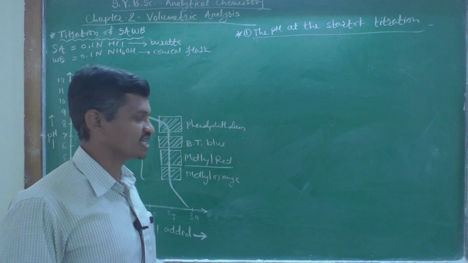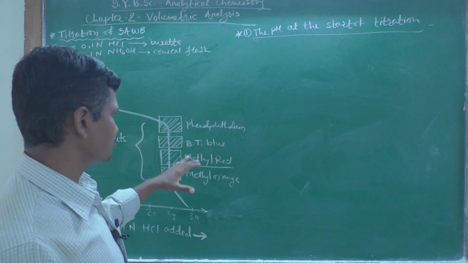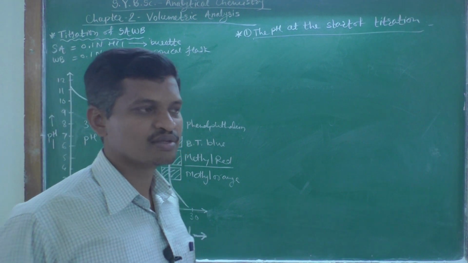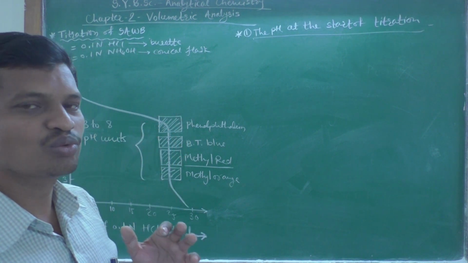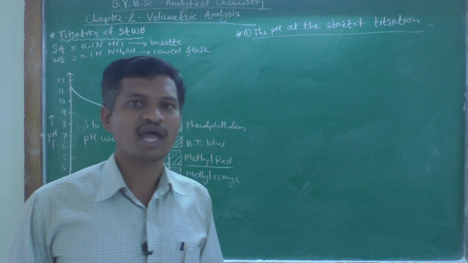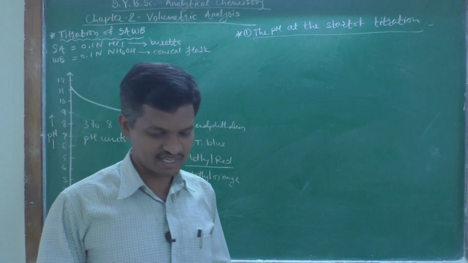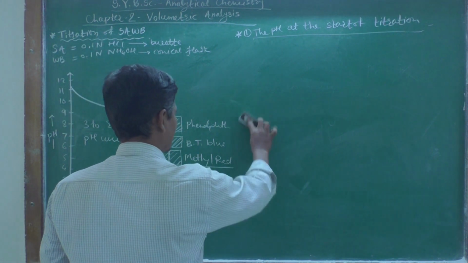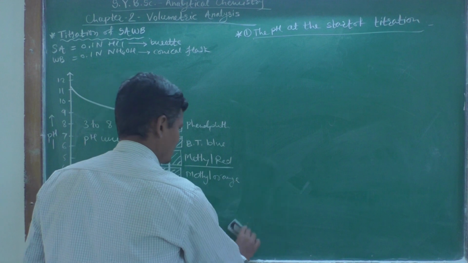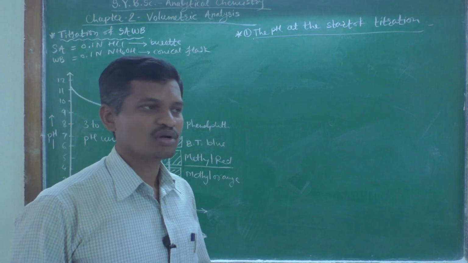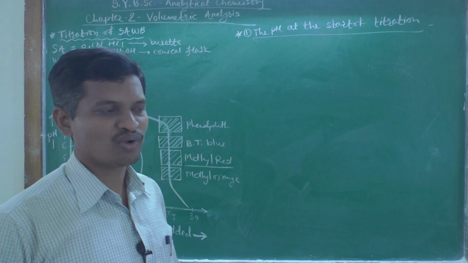Now the next point in this topic is that we have to calculate the pH of the solutions at the different stages of the titration. There are many calculations given in your text, but only 4 are essential.